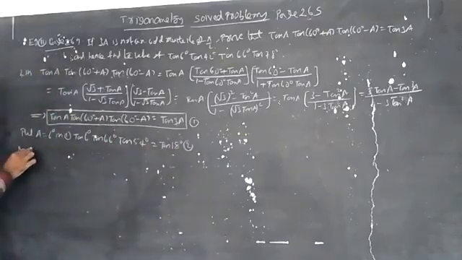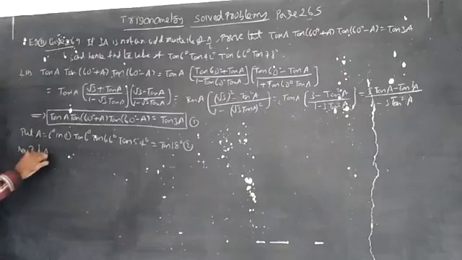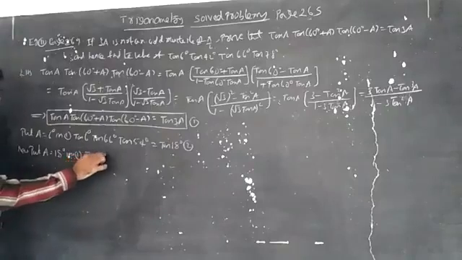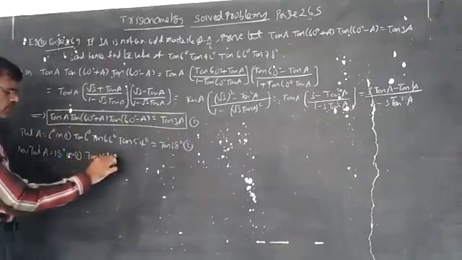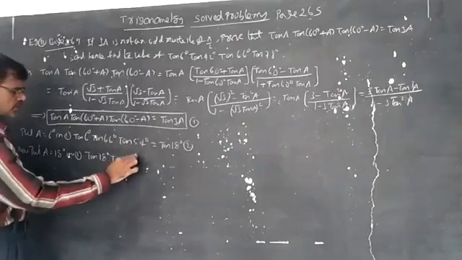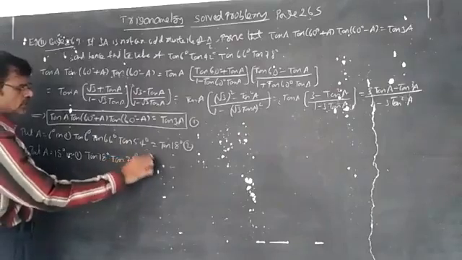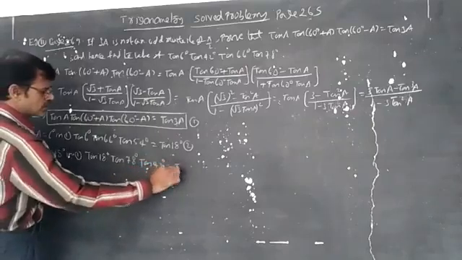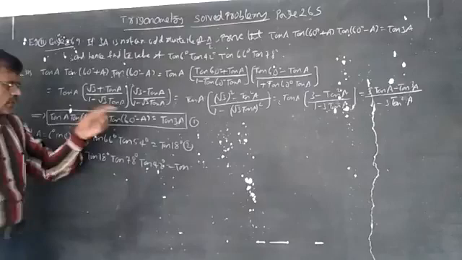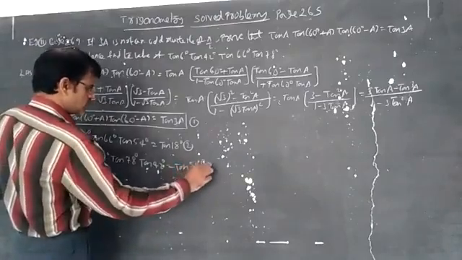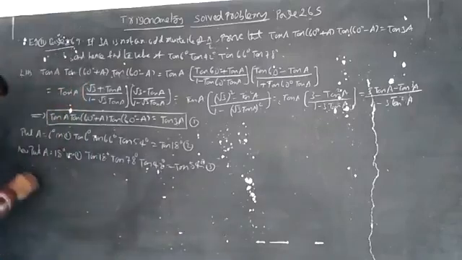Now once again put a is equal to 18 degrees in 1. Tan 18 degrees into tan 60 plus 18 becomes tan 78 degrees into tan 60 minus 18 becomes tan 42 degrees is equal to tan 3 into 18, it is 54 degrees. Let this be the second equation.